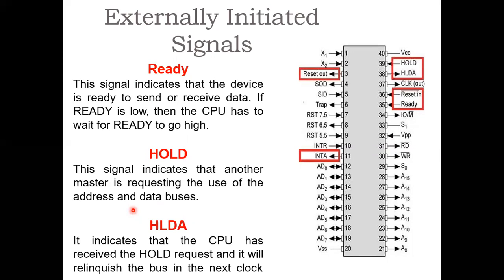If I am an interface device, I send the hold signal to the microprocessor, meaning I am going to access your data bus and address bus directly for memory access. If the microprocessor accepts, it sends the hold acknowledgement: okay, you can access the address bus, data bus and memory. After this process, any input output device can directly access the microprocessor's external memory.